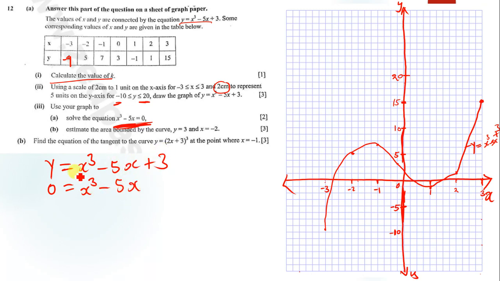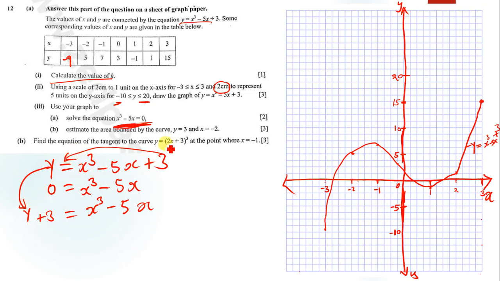If I want this equation to be the same as this on the right, I'm supposed to take this 3 to the other side of the equal sign. So I'm going to have something like this: y plus 3 is equal to x cubed minus 5x. So I've transformed this equation into that one.